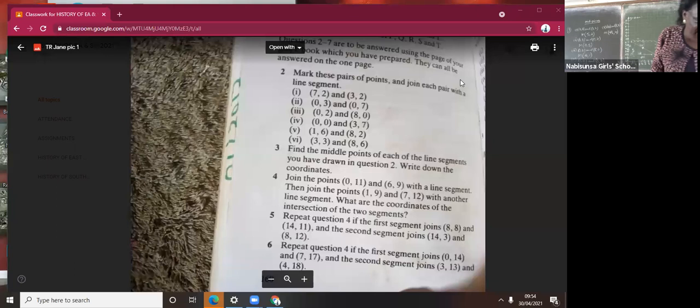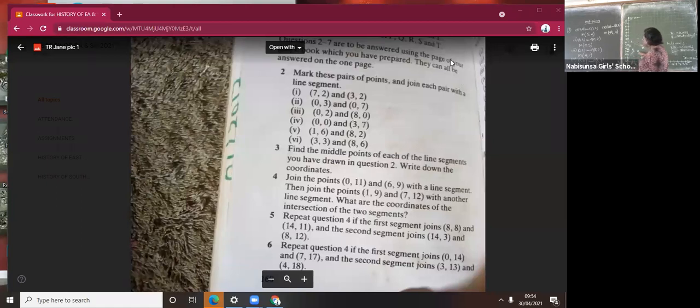Now, number 6. What are the endpoints? 3 and 3, and 8 and 6.